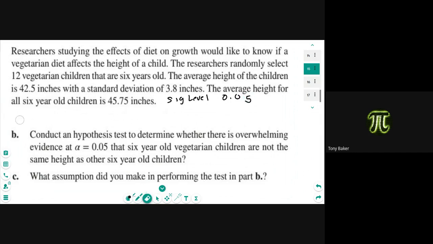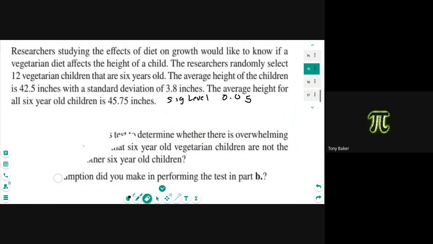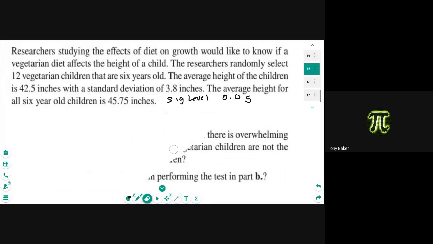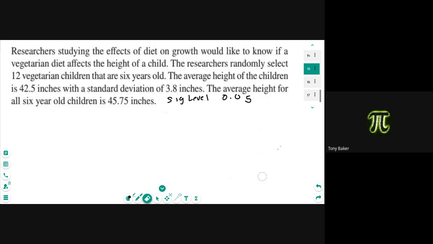All right. The office is going to give us a significance level. Yeah, they give it to you in one of the steps. It was in step C, and I was going to erase it, so I figured I'd rewrite it in there.